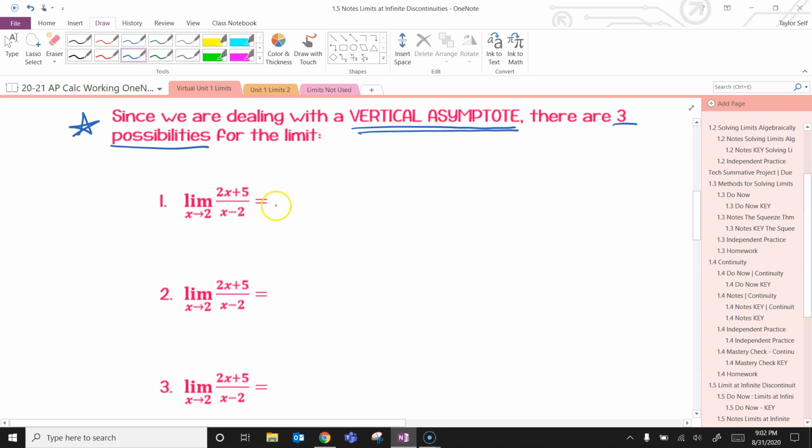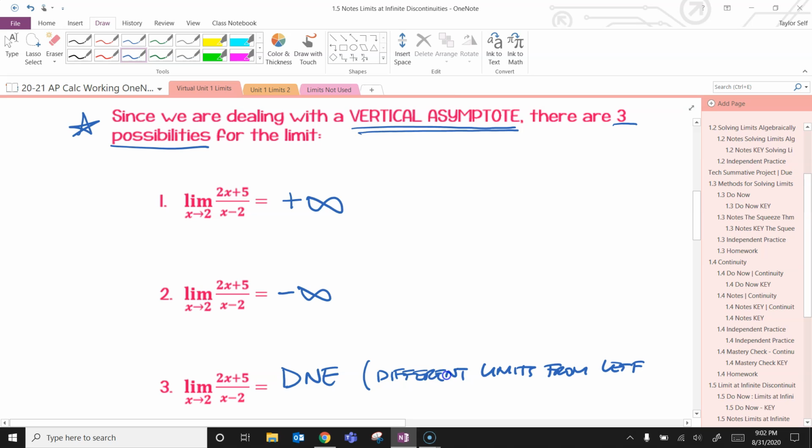Either the limit equals positive infinity, or the limit equals negative infinity, or the limit does not exist. When we have vertical asymptotes, those are our 3 possibilities, and remember this means different limits. If you have does not exist, you would get different limits from left and right side. That's what does not exist means.